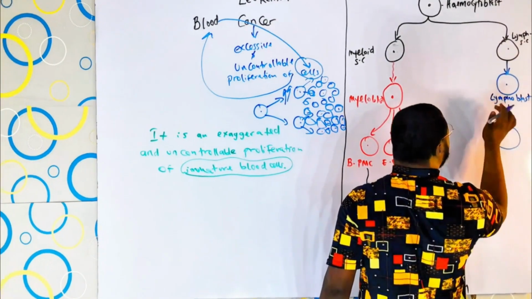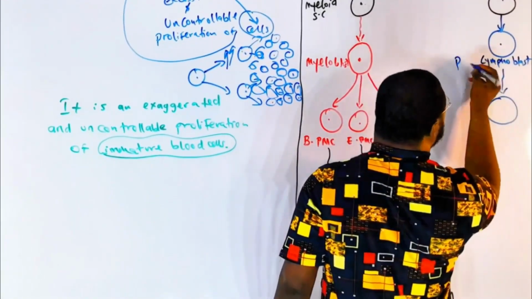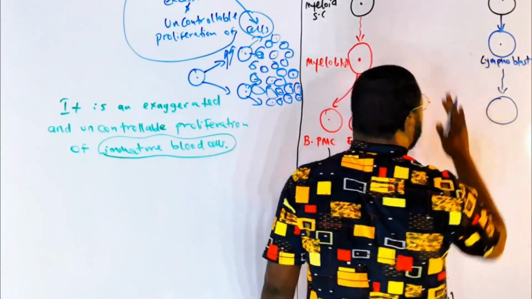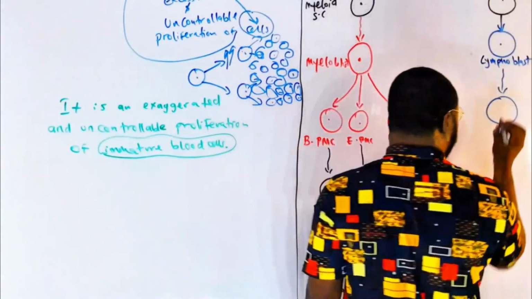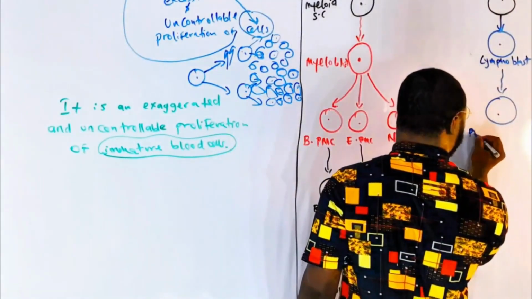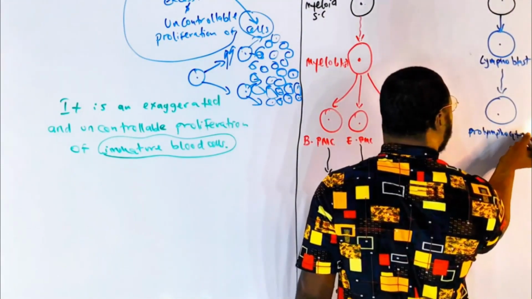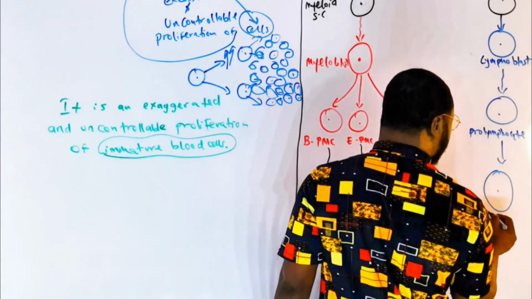Excuse me, guys, sorry, I had forgotten about the stages. Yes, it goes from blast, to pro-cyte, and then the cyte. Good. So here now, we're going to have the pro-lymphocyte. And from the pro-lymphocytic level, it becomes the lymphocyte.